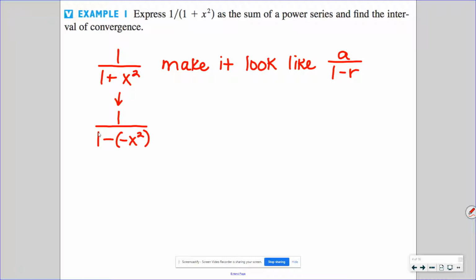If I just put a double negative, right? That would work. Now I'm in the correct format. And when I'm in the correct format, then I know that the top number is my a value. And I know that 1 minus whatever comes after that is the r value. So we can take these two things and we can turn it into a geometric series.